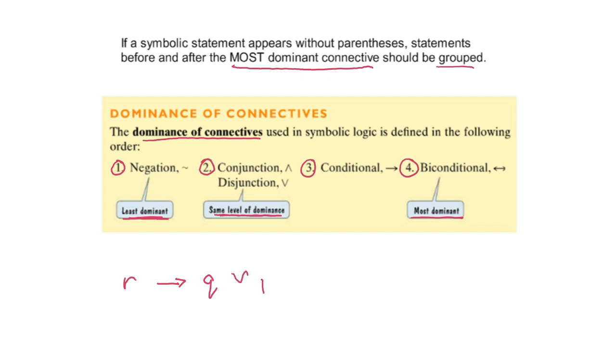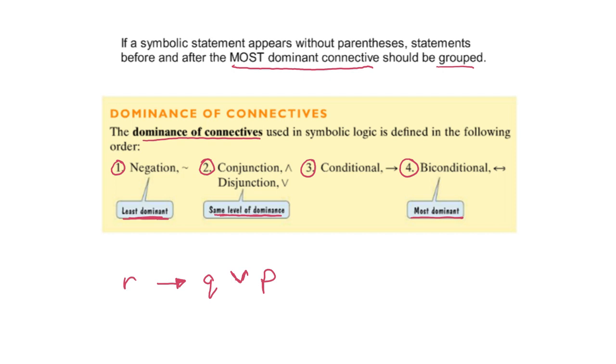Q, or P. So if you have this statement and they want you to go ahead and show the dominance of these, the one that has the most dominance is going to be this conditional. It is more dominant than the disjunction. All right, because if you look at our chart here, it says the least dominant is a negation.